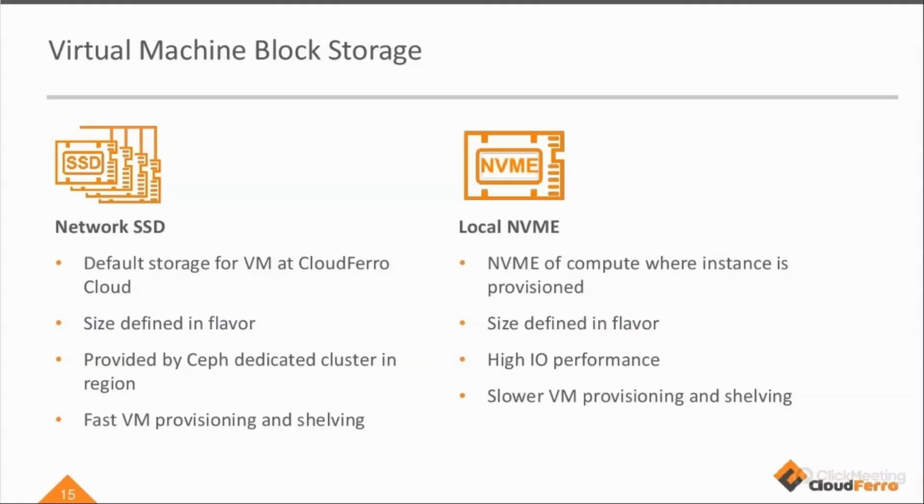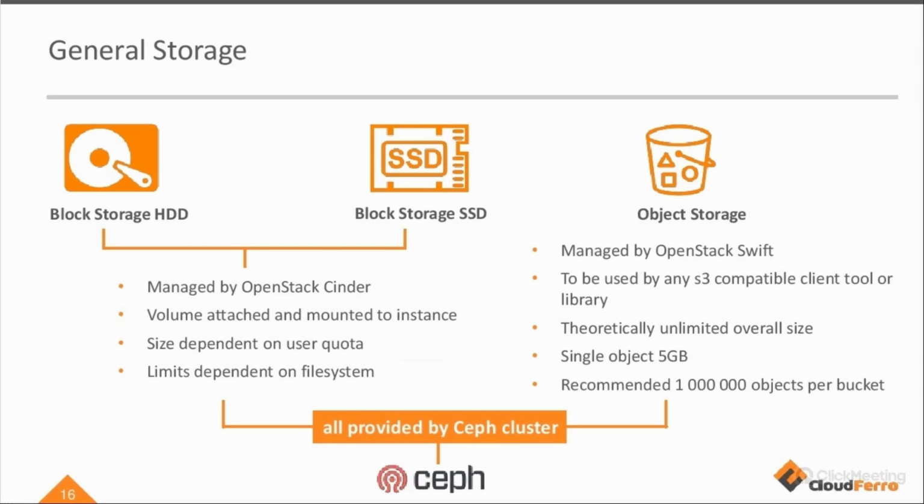Or there are flavors for specific usage where you need very high performance of the local disk. In this case, you can create virtual machines with NVMe local disk from the compute. So it's the fastest option, the biggest performance for the virtual machine. They will have the fastest disk.